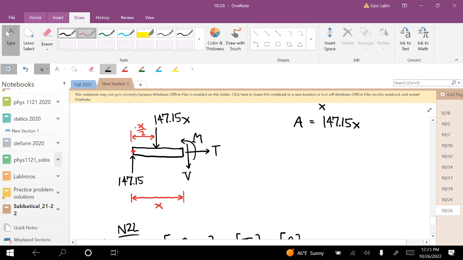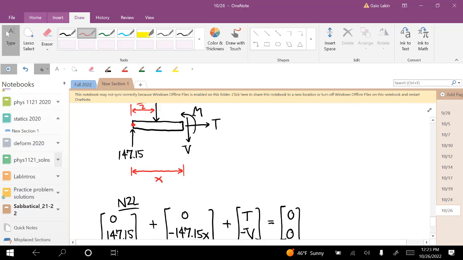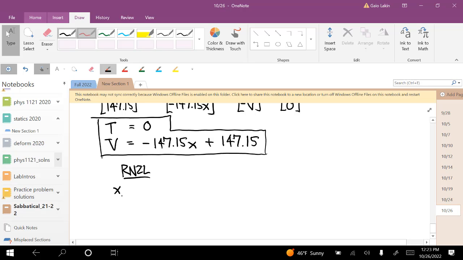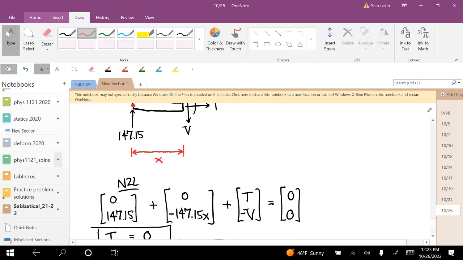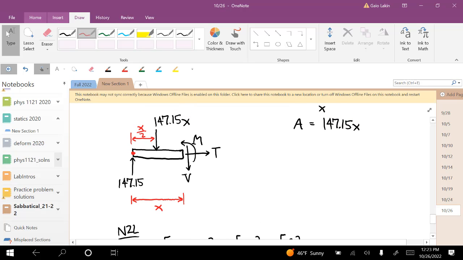You see that? So we have x over 2 times 147.15x. And is that a positive or negative rotation? It's clockwise, so it's negative.